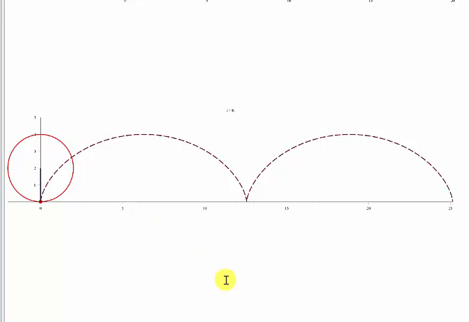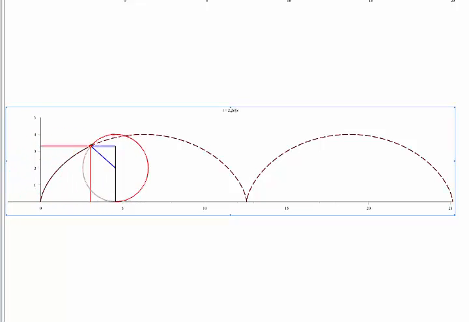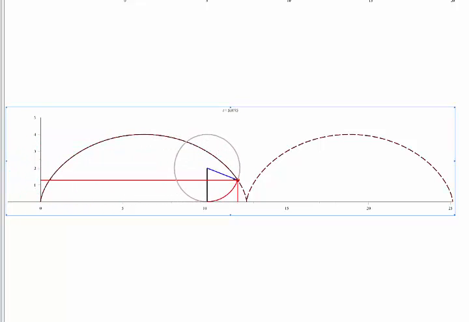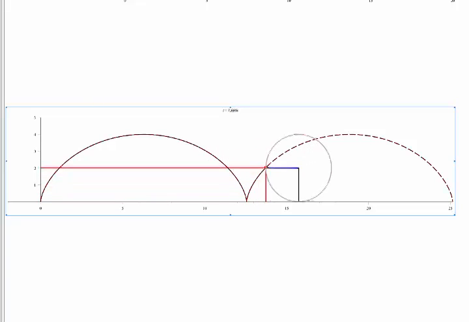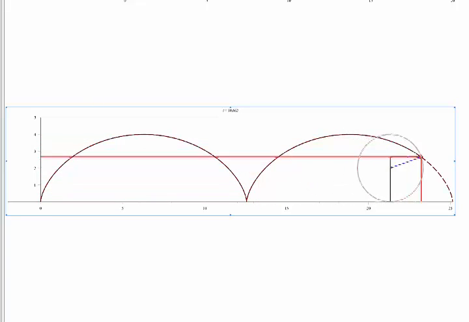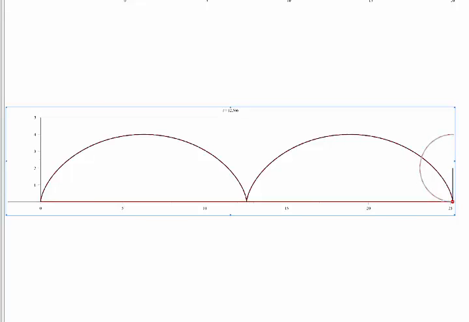Now let's play the animation right here. Okay, now let's look at the slow motion frame by frame. See, it's moving frame by frame.